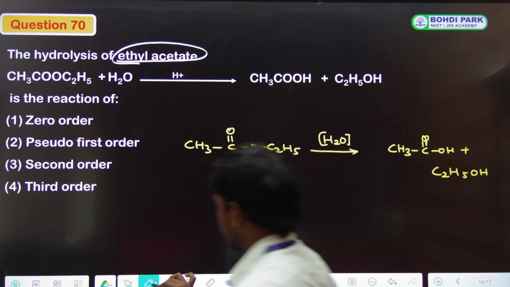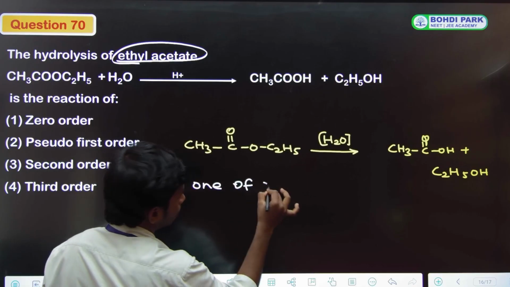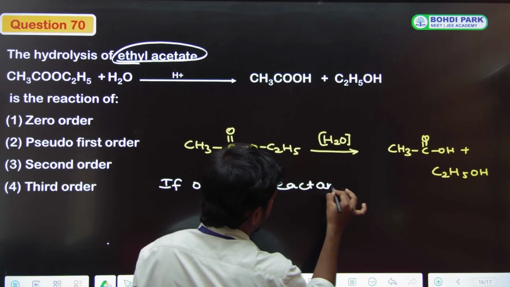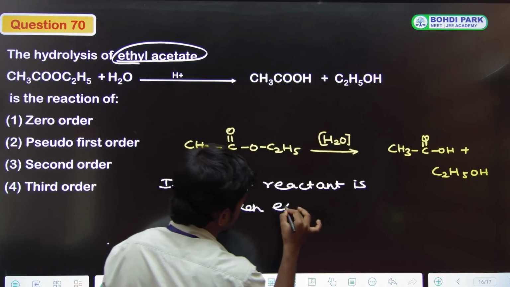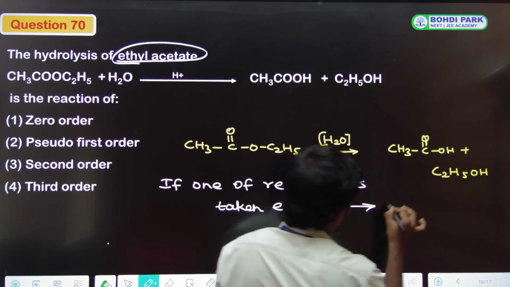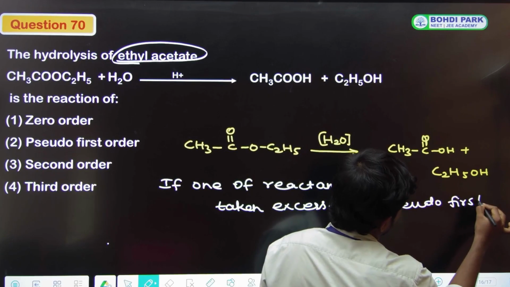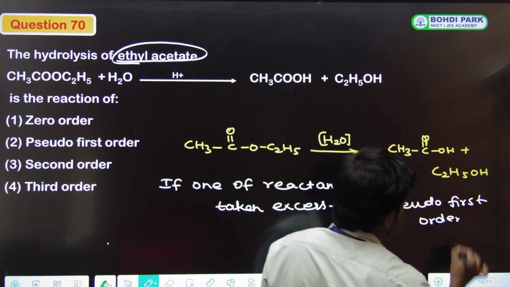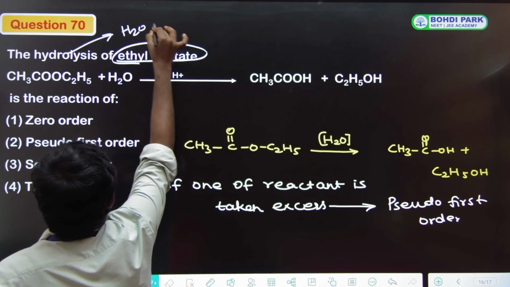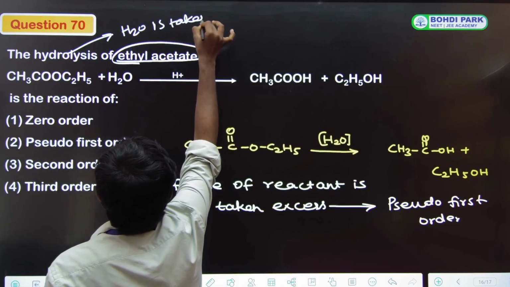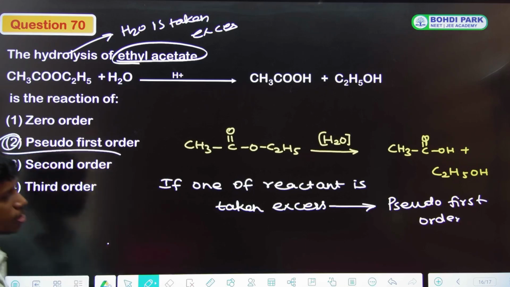If one of the reactants is taken in excess amount, it will lead to a pseudo first order reaction. Hydrolysis means H2O is taken in excess, which means it is a pseudo first order reaction.